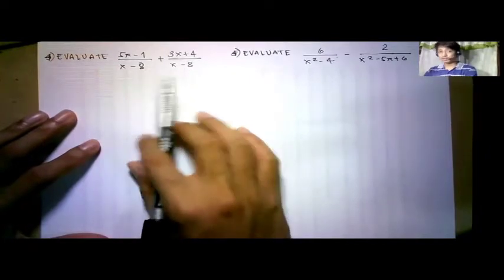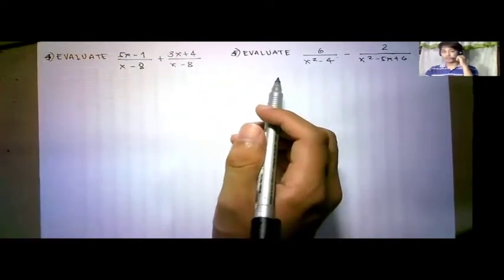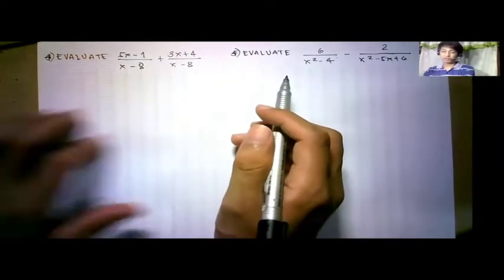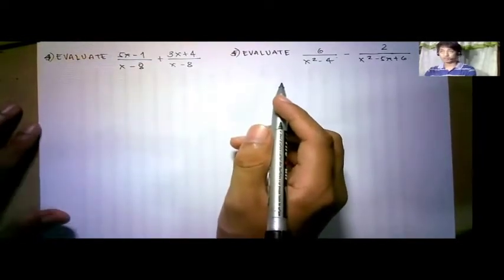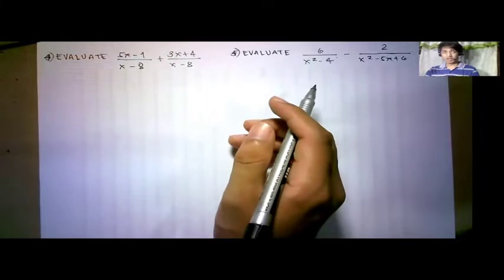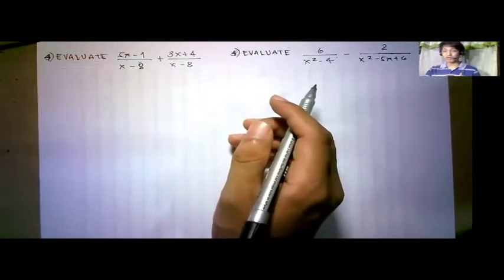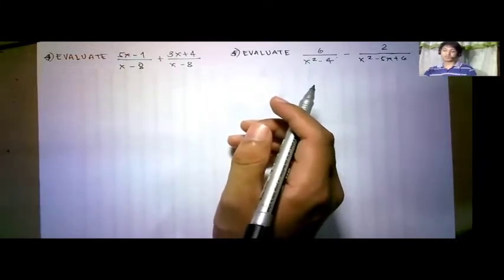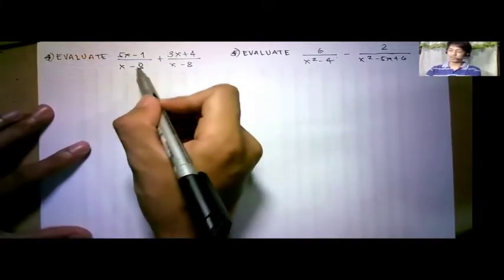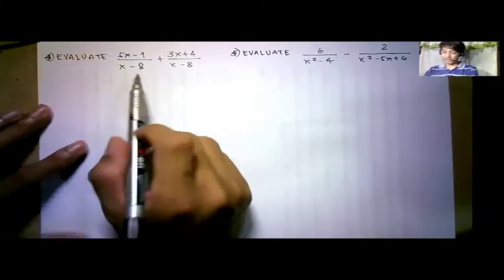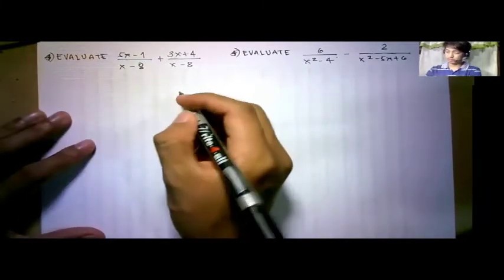So as you can notice, try to notice the denominators. So they are similar. So we can conclude that the two terms are similar rational expressions. So it's just like when we are dealing with fractions. If the fractions are similar fractions, we just copy the denominator and then add the numerator. Okay, so the same process will be applied here for number 4.